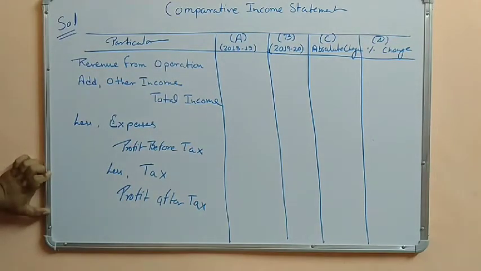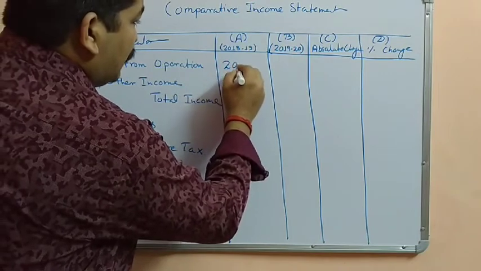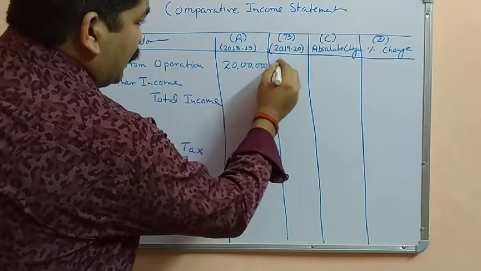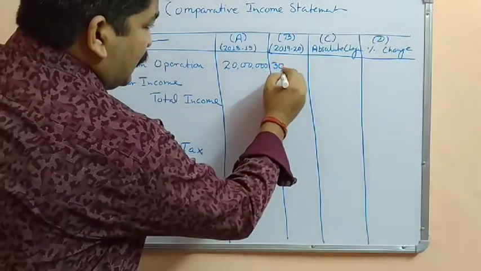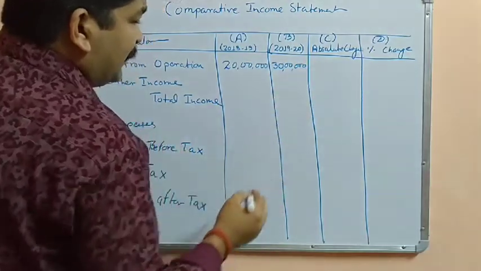These are the only items given. So revenue from operation for the year 2018-19 is 20 lakh. So you have to put here 20 lakh. What for this? It's 30 lakh. Put it here 30 lakh.